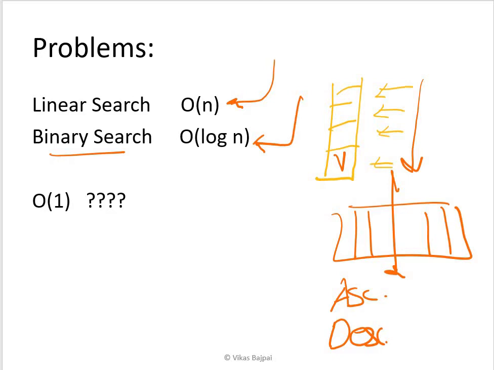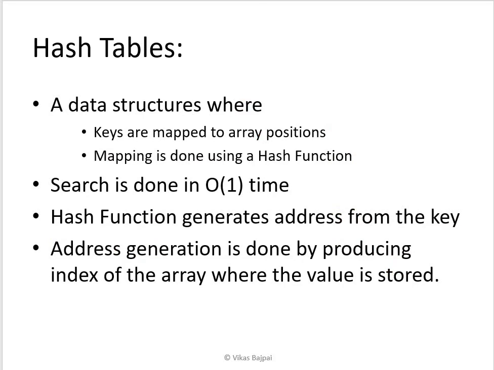So the point was, can we do something so that this search operation time can be minimized to something proportional to order 1, which is very low? For this we have a solution, and that particular solution is called hash tables.